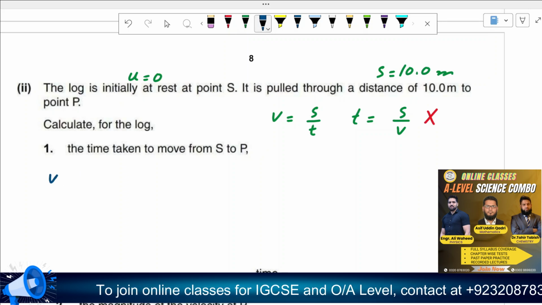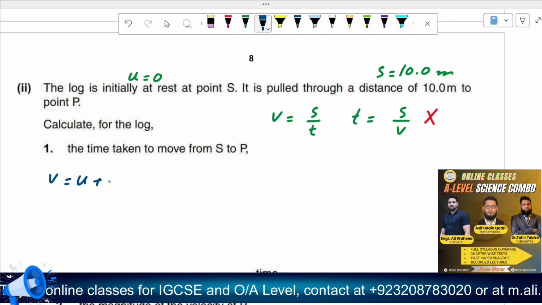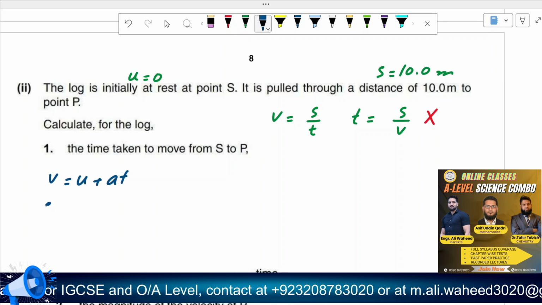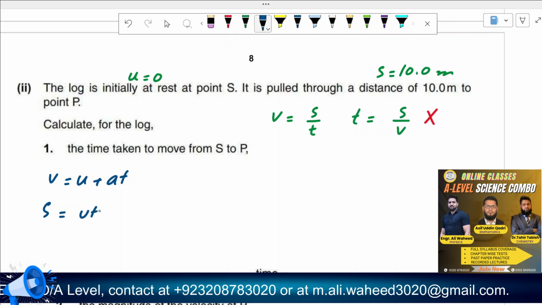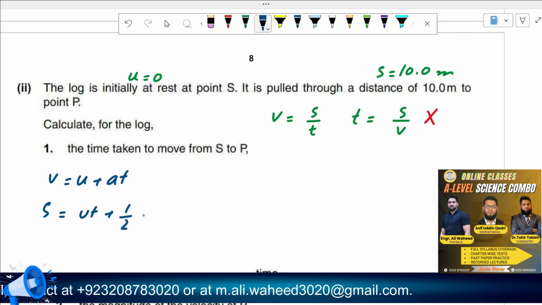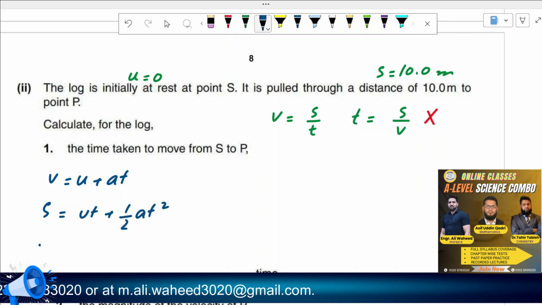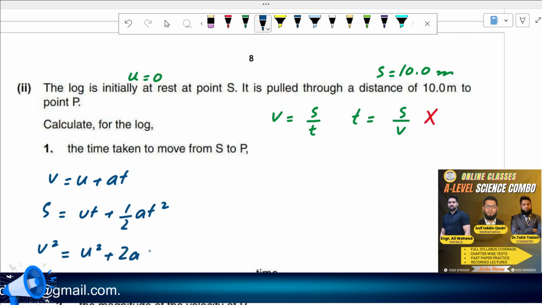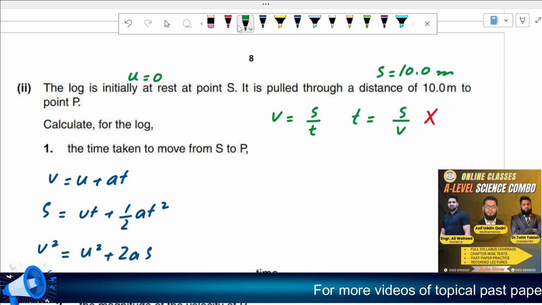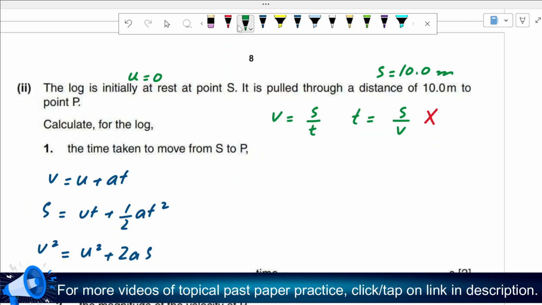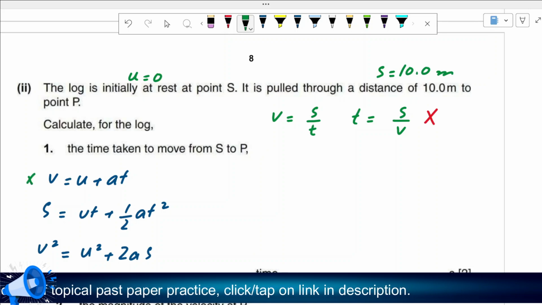What do we use then? Well, we have these set of equations. We can use any of them, depending on the situation, what kind of data we have. We don't have the final velocity, so I can't really use the first one.